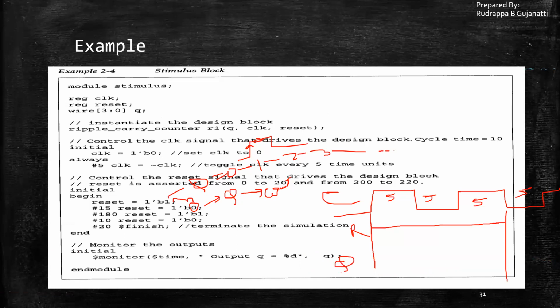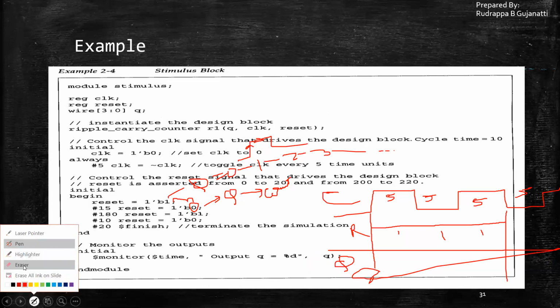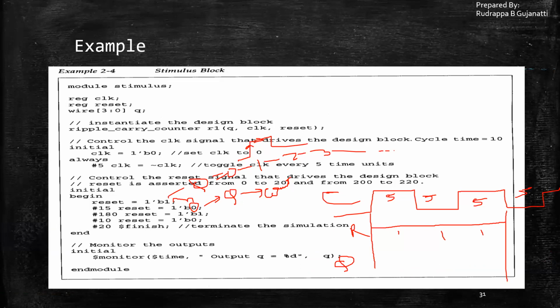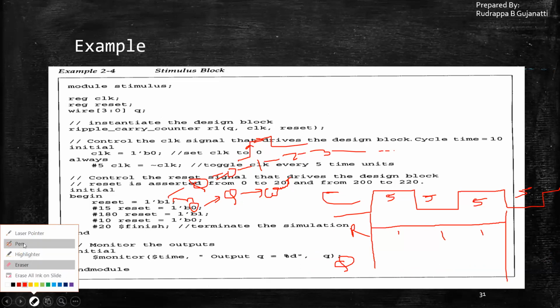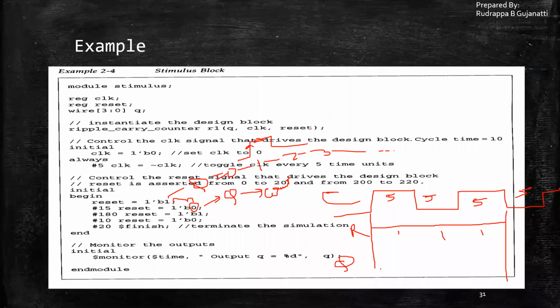If you observe, reset is 1 for the first 15 units, then reset will be 0 from this point to this point.